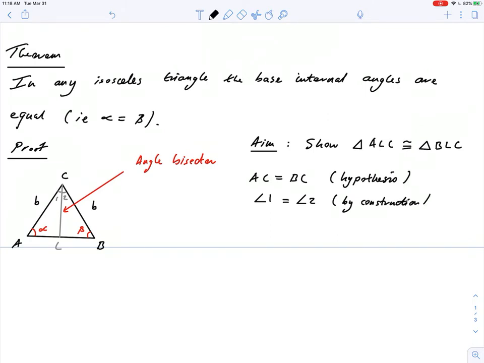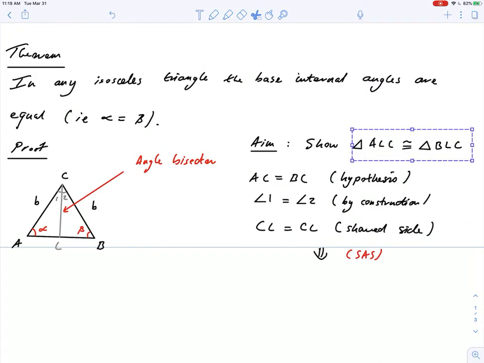That's us imposing something else on my triangle. So by construction. Also, they've got a shared side. CL is equal to CL. Shared side, very nice. So what does this mean? Well, now by the side angle side criterion, my triangles are congruent to each other.